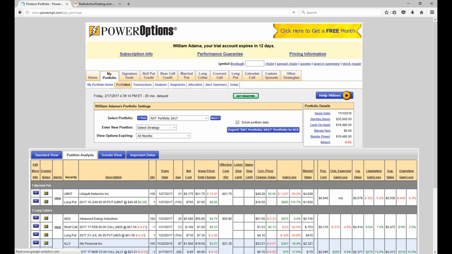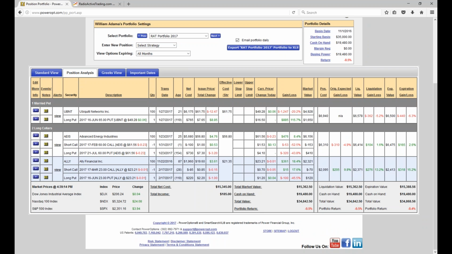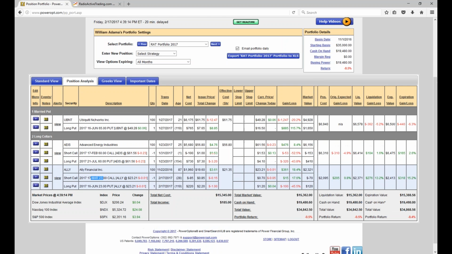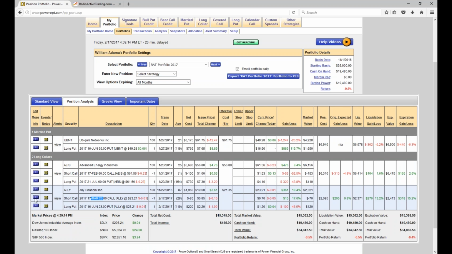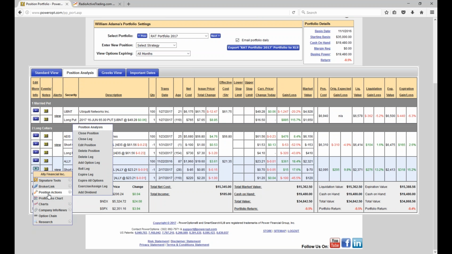If I wanted to make an edit to my March 23 call that I sold for 85 cents on ALLY, I'll go back to the portfolio view in the open position where it tracks the open positions, and then we'll go to position actions, and then we can go to edit the position, or delete the position if it was an erroneous leg.